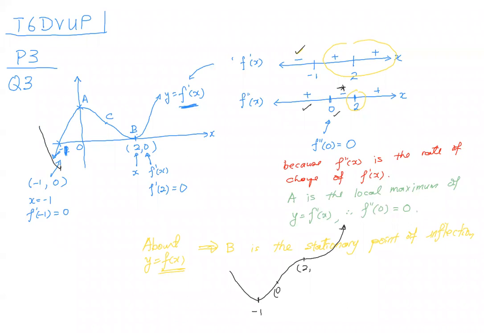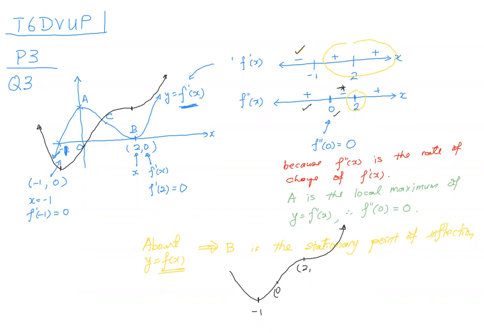Okay, turn here. Go up. At 0, then horizontal inflection at 2. Then go up. Okay.